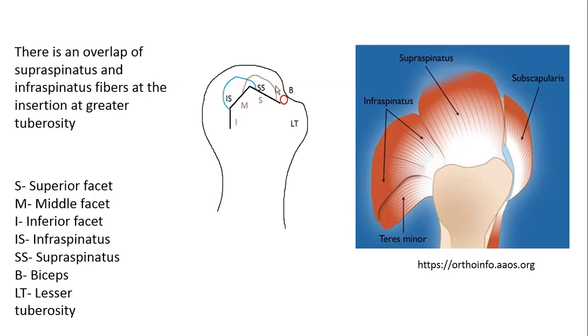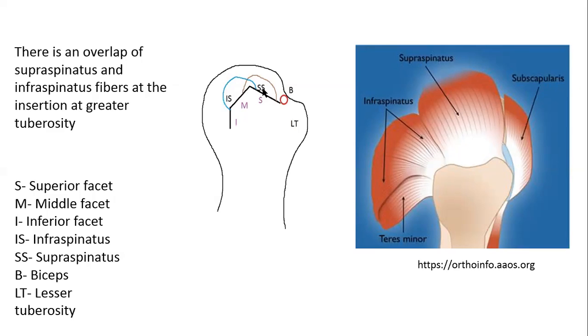So there are three facets: superior, middle, and inferior. Supraspinatus is on the superior facet, infraspinatus on the middle, and teres minor is on the inferior facet. And this is the area where there is crossover. When you're long on supraspinatus and you are going from anterior to posterior to check the entire width of the tendon, you can see supraspinatus fibers nice and clear.